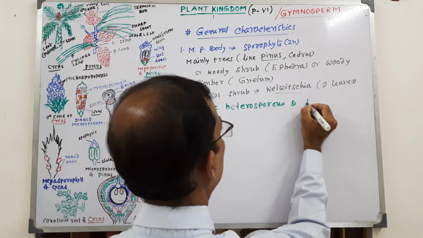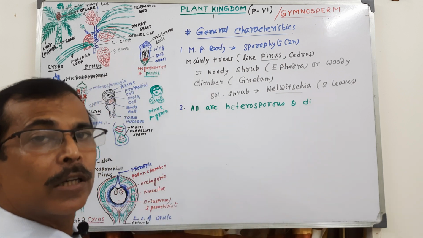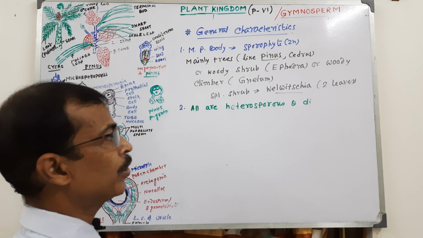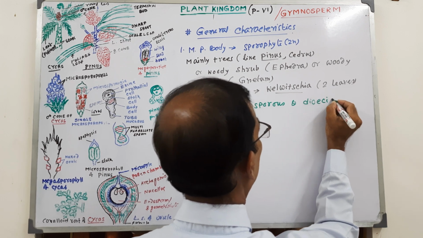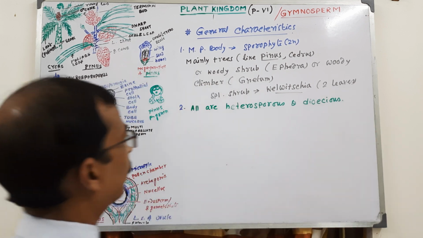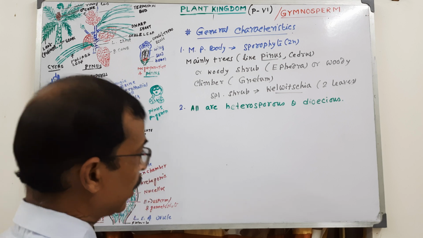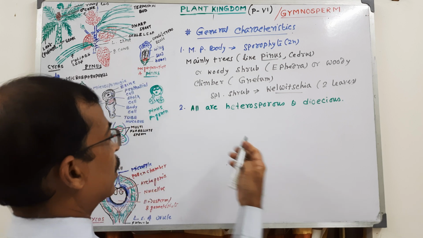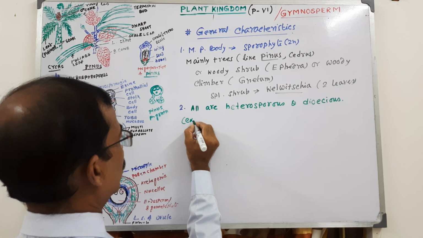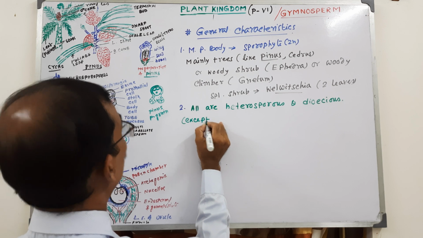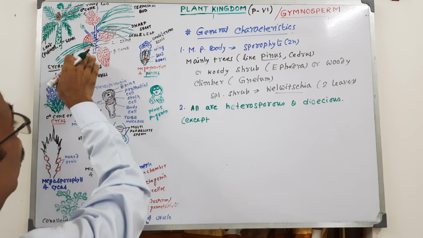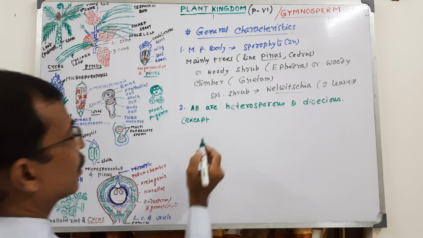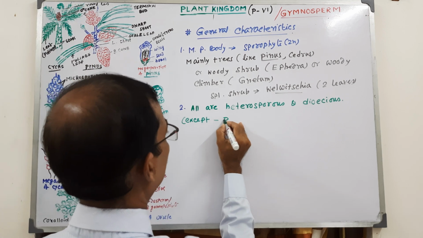And dioecious, that is, male and female reproductive structures are found in different plants, except Pinus, which is monoecious. In Pinus, female cones are at the lower base and male cones at the upper side.